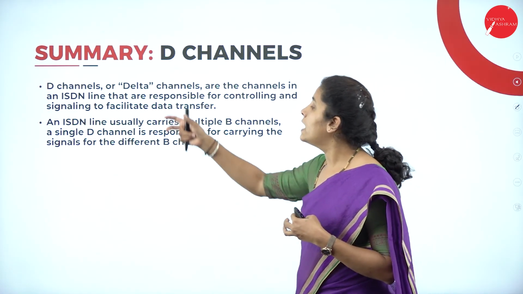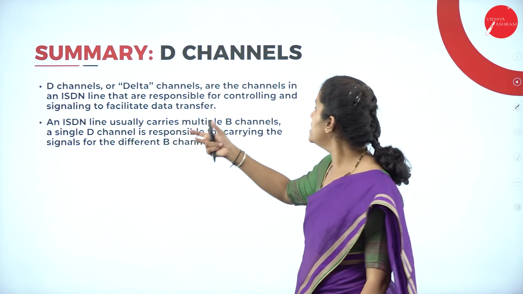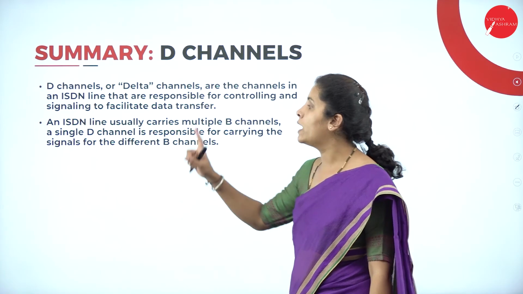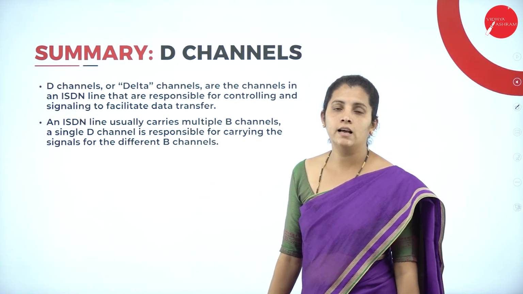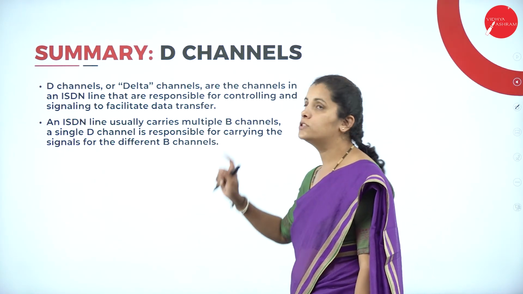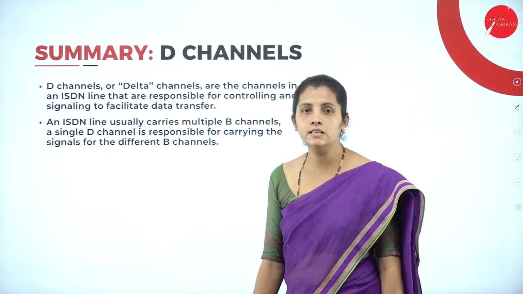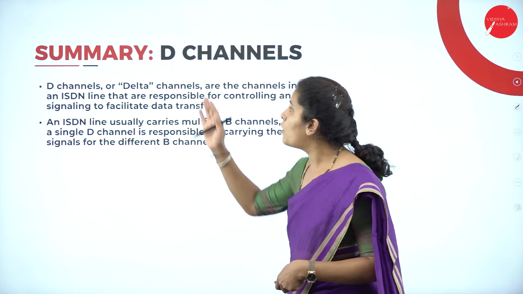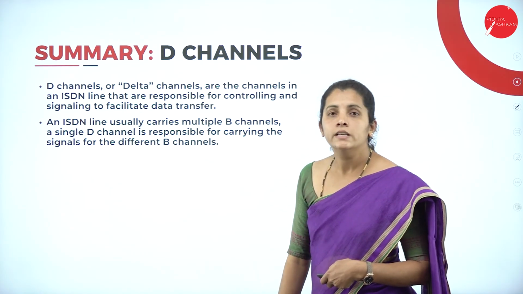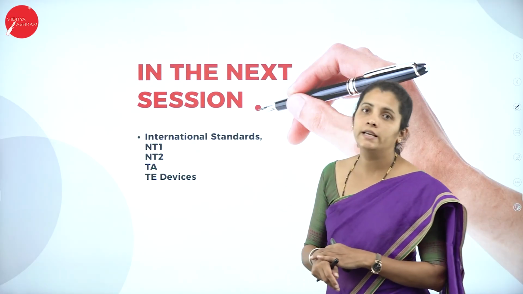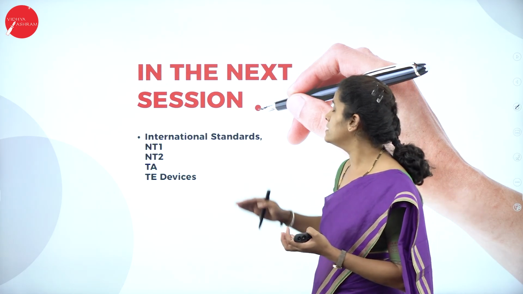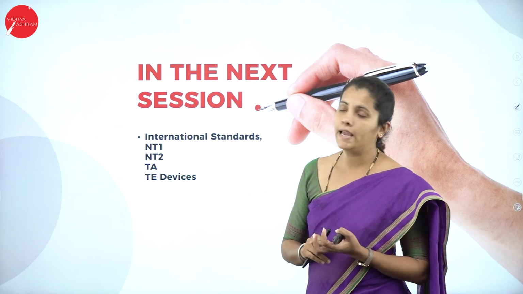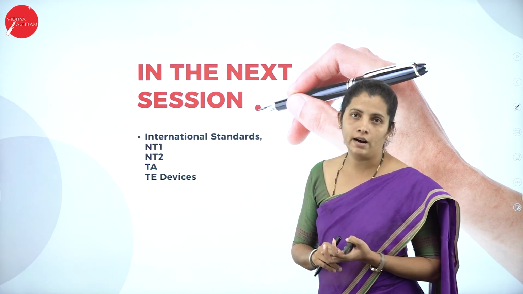That means in an ISDN line, usually we are going to have multiple B channels and only one D channel, and the D channel is responsible for carrying the signals and control signals to the B channels. So this is all about D channel. In my next session, I'm going to deal with international standards. In that, I'm going to discuss NT1, NT2, TA and TE devices.